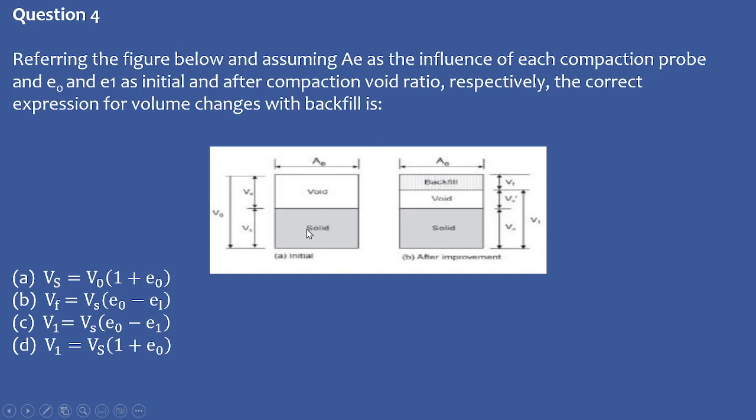So the void ratio for this soil after the compaction is E0, and with the backfill we have E1. The volume change after the compaction can be best represented by which of the expressions given here?